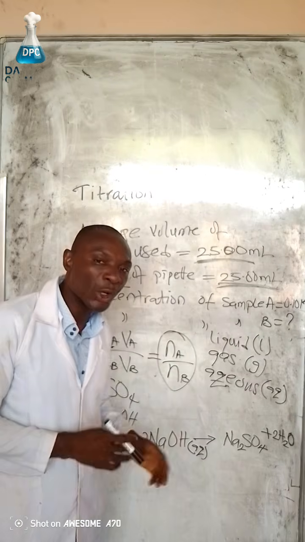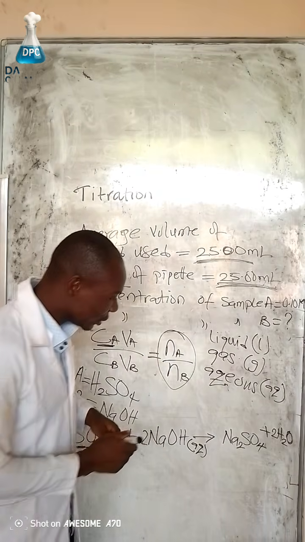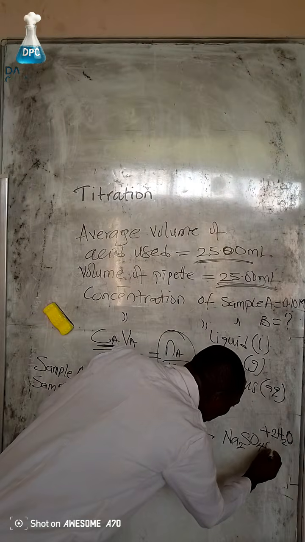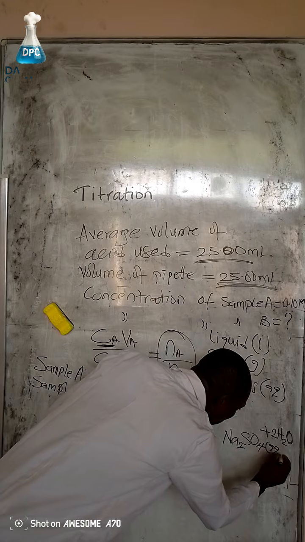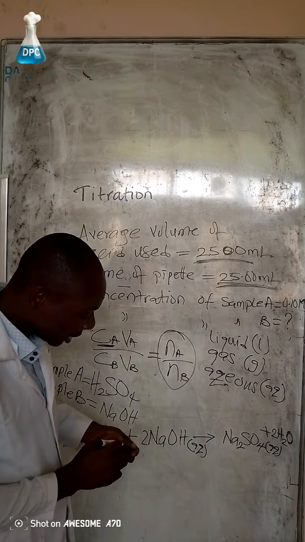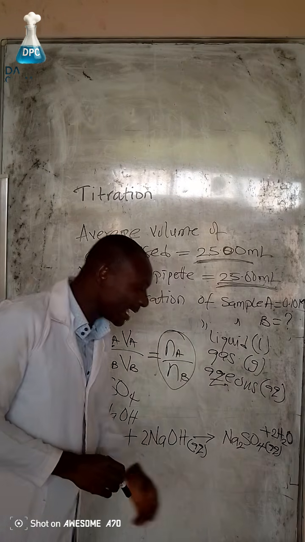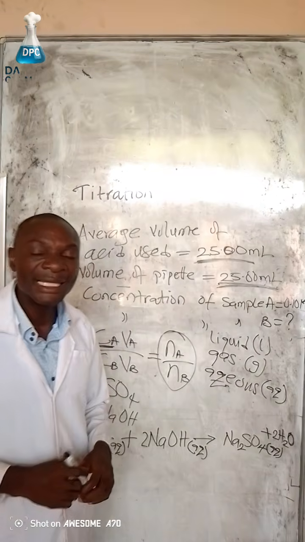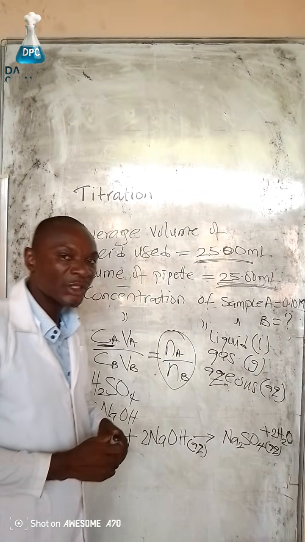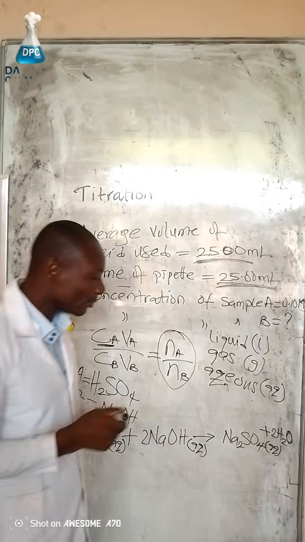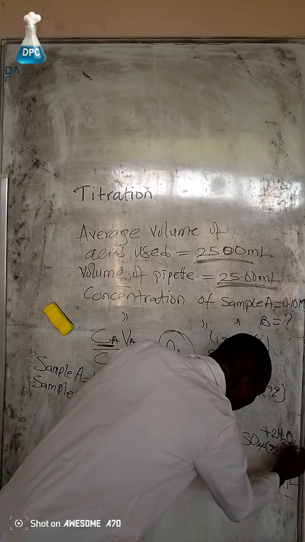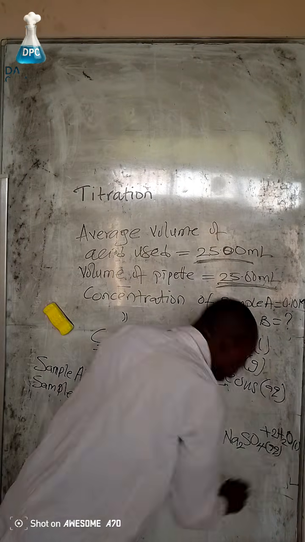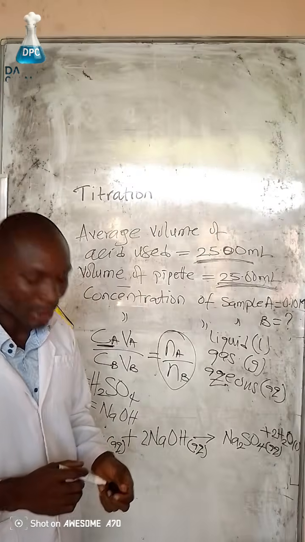So that product is also aqueous. So you indicate also aqueous. Now, water. The state of water is liquid. So small letter L in bracket.